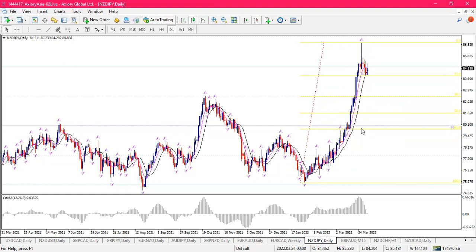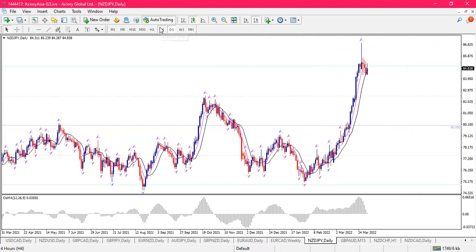Which is also a good area to get out of, and also look for a possible reversal from here back up. So that's it as regards that on the daily.